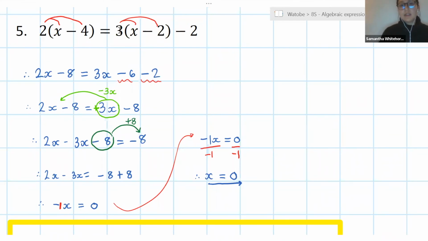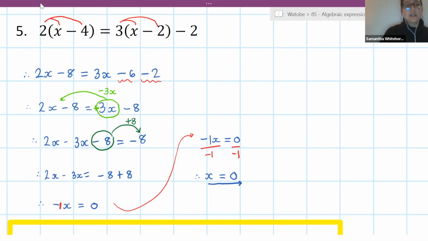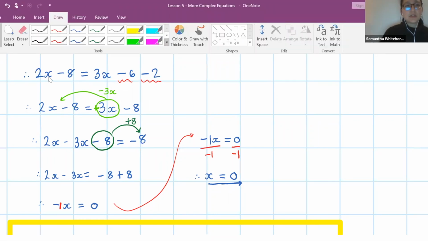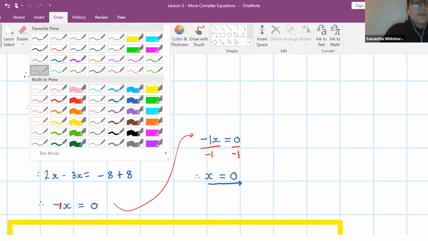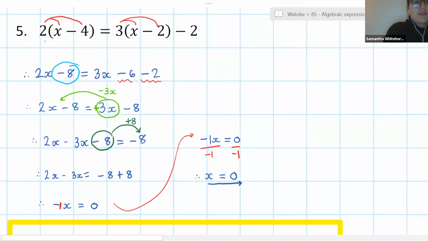Right, now, I see that there was a question of where does the 8 and the 6 come from? So quickly again, this 8 in the second step, which I'm just going to circle here in this bright blue, this -8 came from multiplying the 2 and the -4. Remember, 2 times -4 is -8.